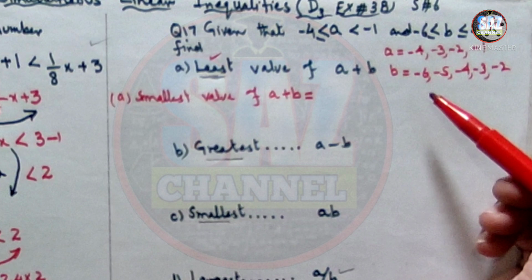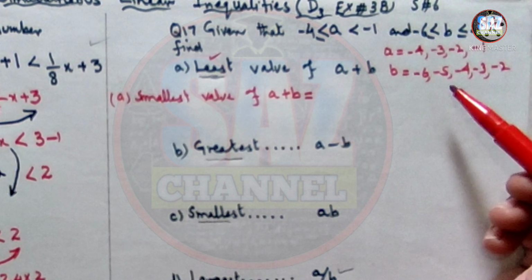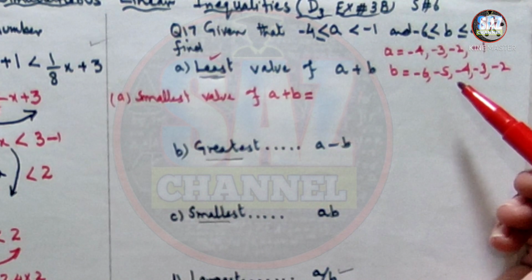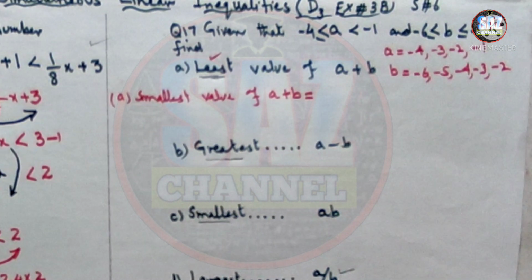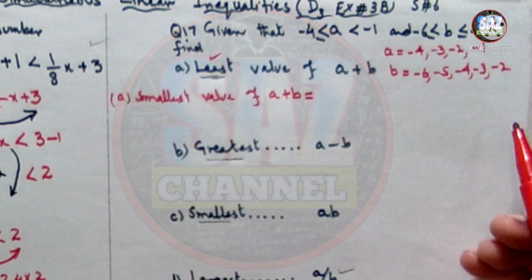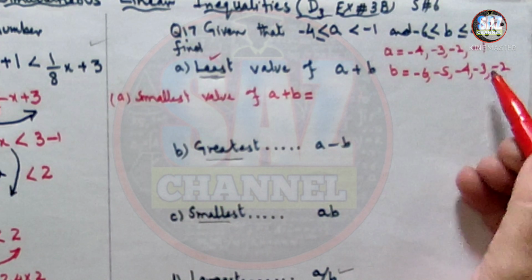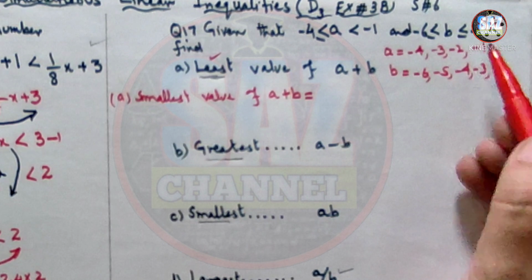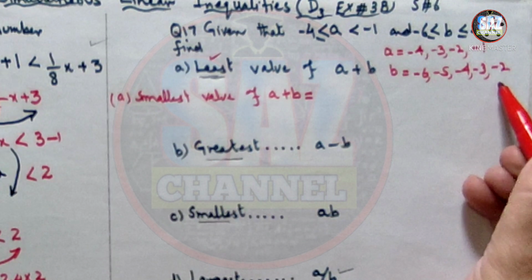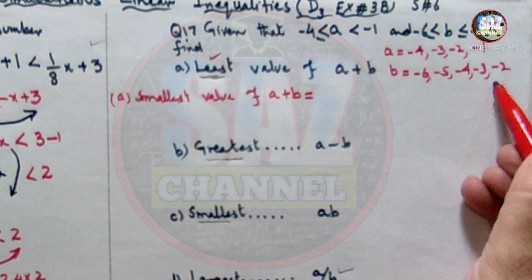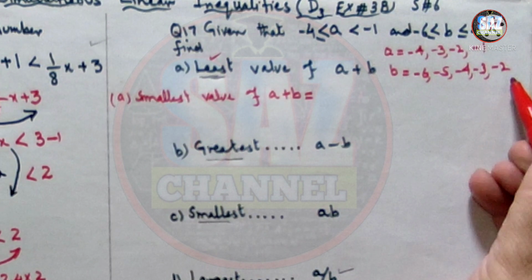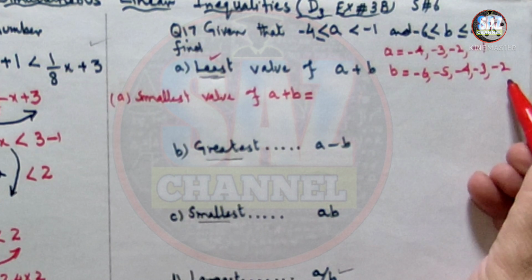So think about what is the largest number with negative sign that can give you the smallest answer. Ask your mind to try a trial: if I take -2 with -1, that will give me -3, but -3 is closer to 0, so this cannot be the smallest value.